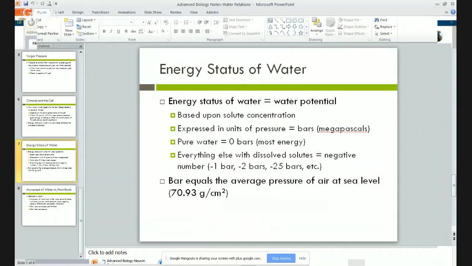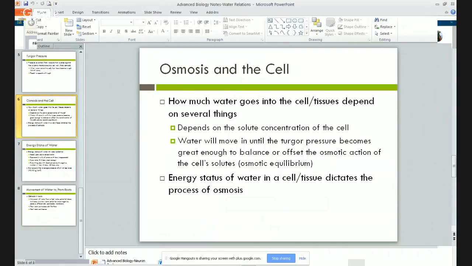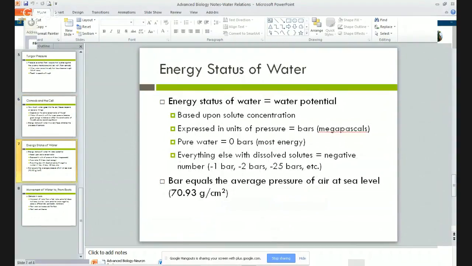Back here I was saying the energy status of the water is going to determine the osmosis direction. So you might think, what is energy status? The energy status of water is the water potential, which, like I said earlier, is based upon how much solute is dissolved either inside the root or outside in the soil. Each area, the soil or the root, is going to be given an energy status number, the water potential number.